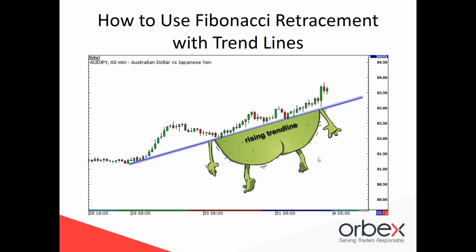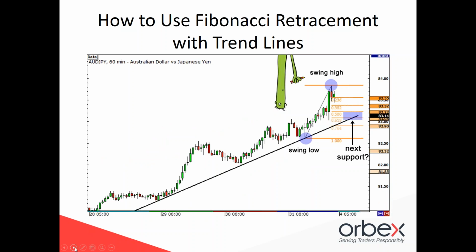Okay? So, rising trend lines, just like the confluence we talked about with resistance and support areas. Here we're going to talk about rising, or even declining, trend lines, another confluence you can use with Fibonacci. So, a strong uptrend, and then it starts trending lower.